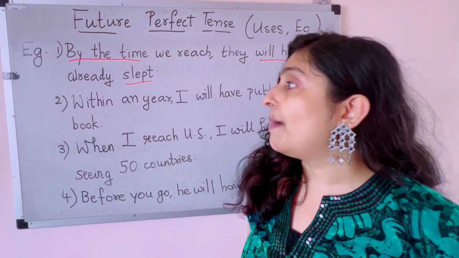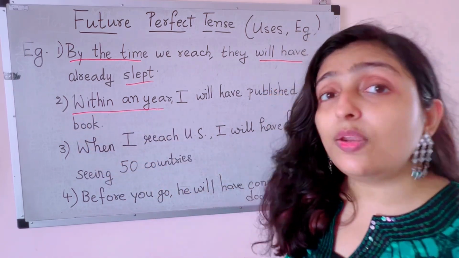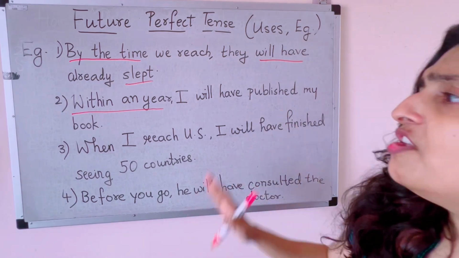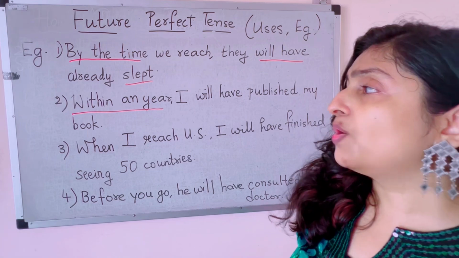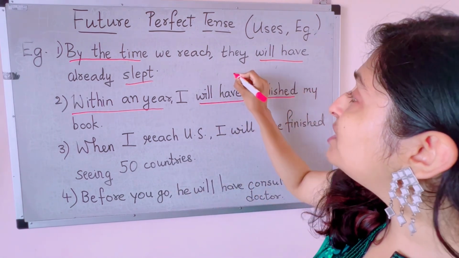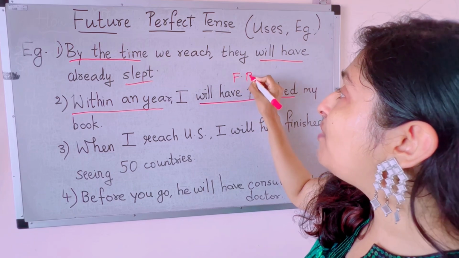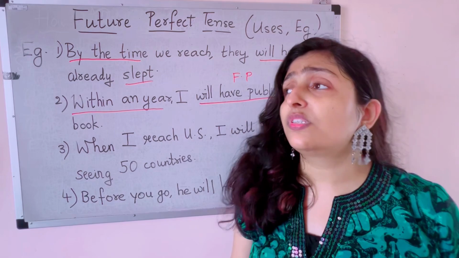Next, second example is, this is again a phrase, within 1 year, I will have published my book. So identify the verb here, will have published, future perfect. So here duration, the extension of time is important.